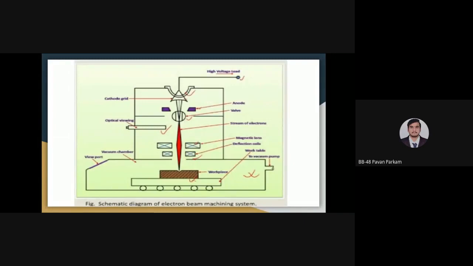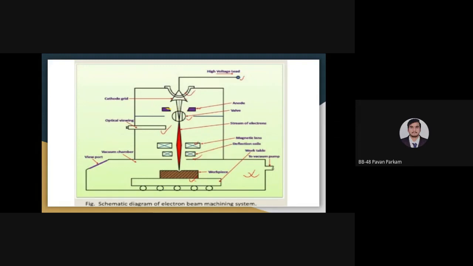Electrons are negatively charged, and this cathode is also connected to the negative terminal of the power supply. So due to that, your electrons are negatively charged.